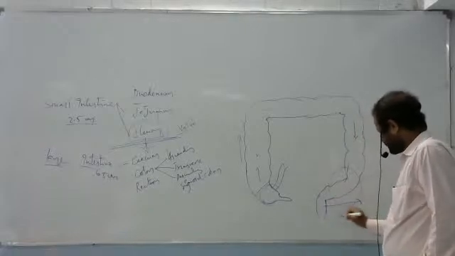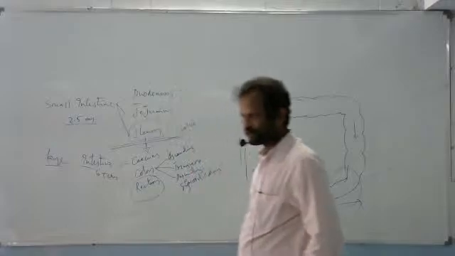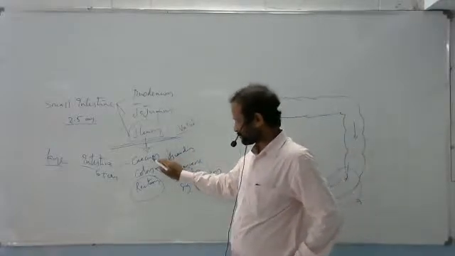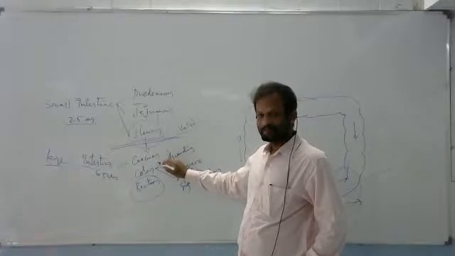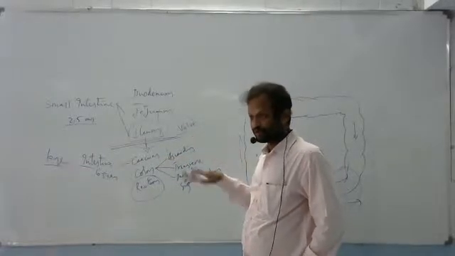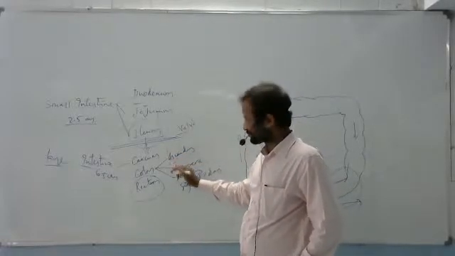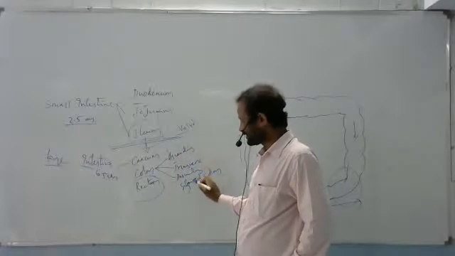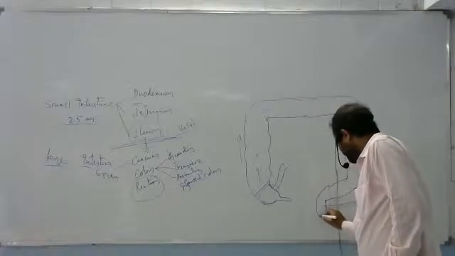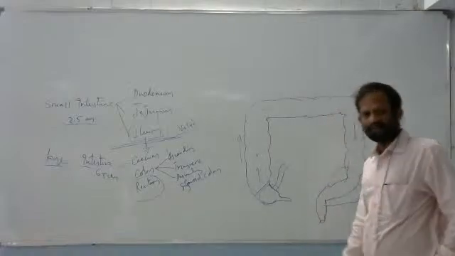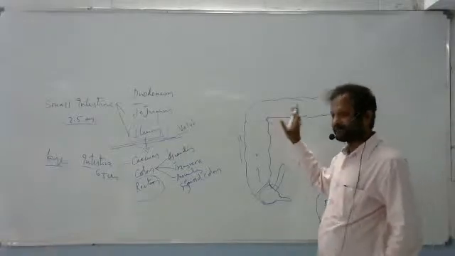This area is called the rectum. The cecum has the vermiform appendix, which holds symbiotic bacteria in some animals; in our body it has no role. Then the colon: ascending, transverse, descending, sigmoid, and it is continued as the rectum. The rectum opens out in the form of the anus.